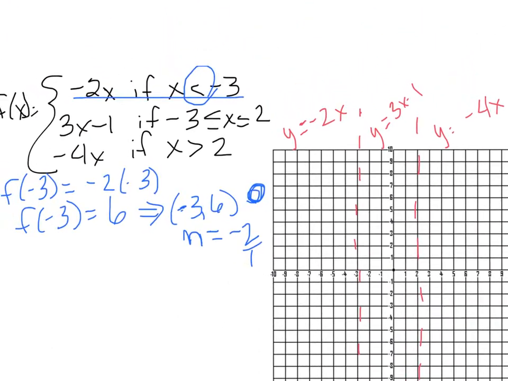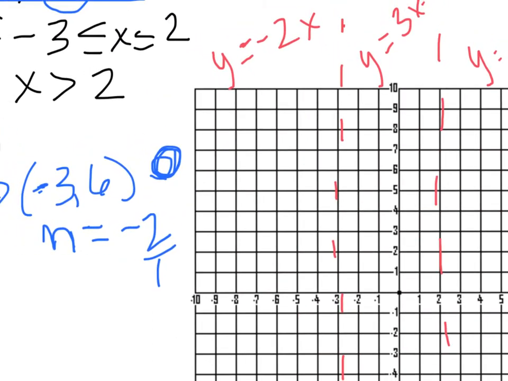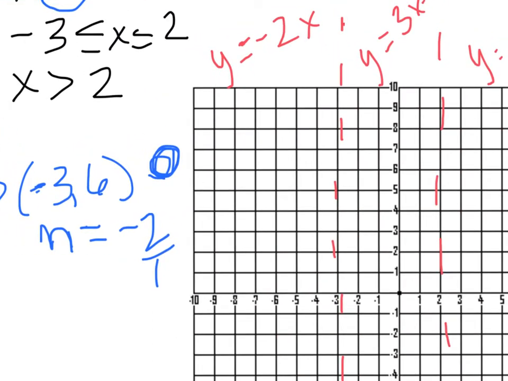Oh, there we are. So with the point of negative 3, 6, and a slope of negative 2, what does that look like? I have that point right there. Now, if I were to do a slope of negative 2 over 1, going down 2 and over 1, what just happened?